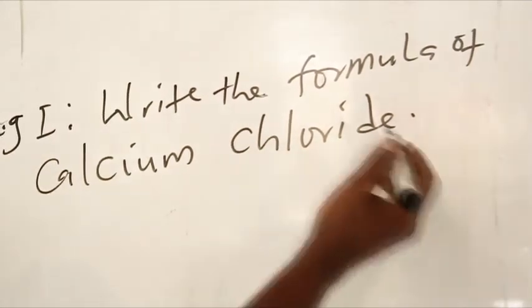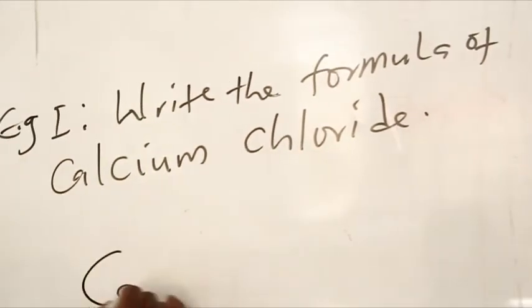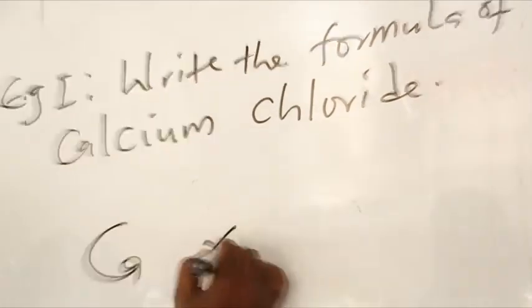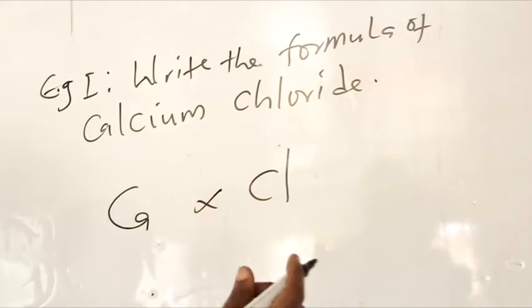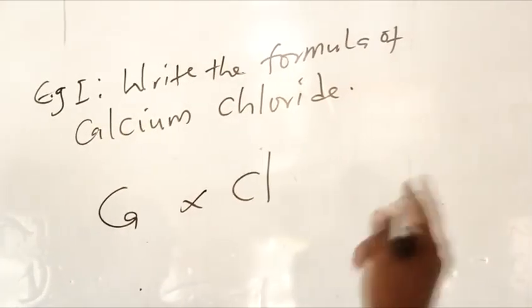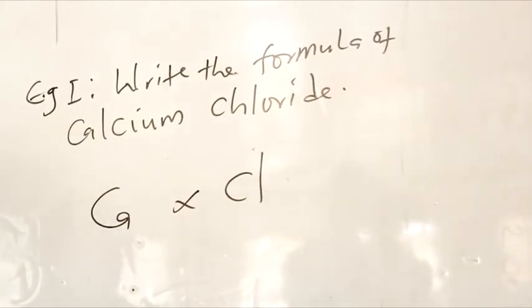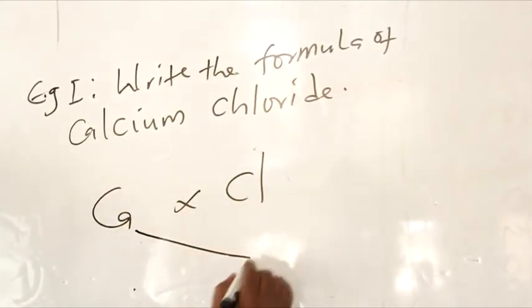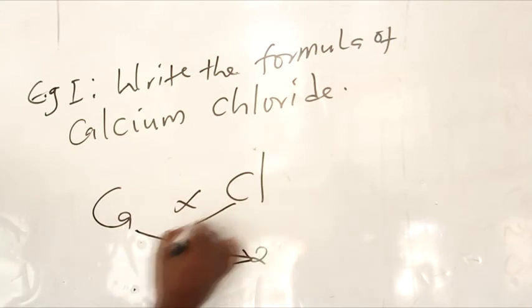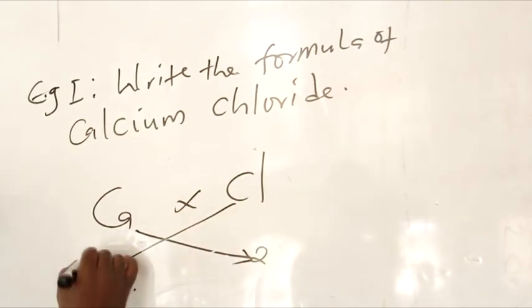In doing so, two things must come to your mind: the symbol of the element calcium and the symbol of the element chlorine. The second thing is the valency, which you get from the table I gave you: the valency of calcium is 2 on that table, and the valency of chlorine is 1.